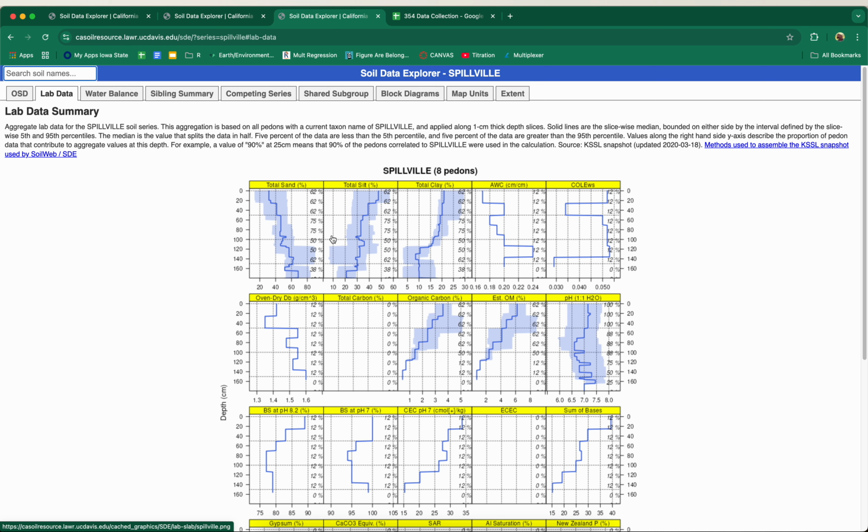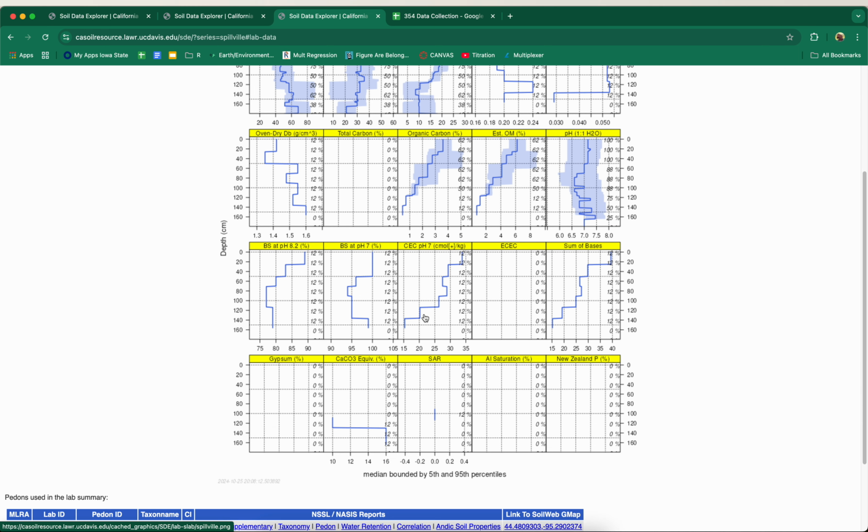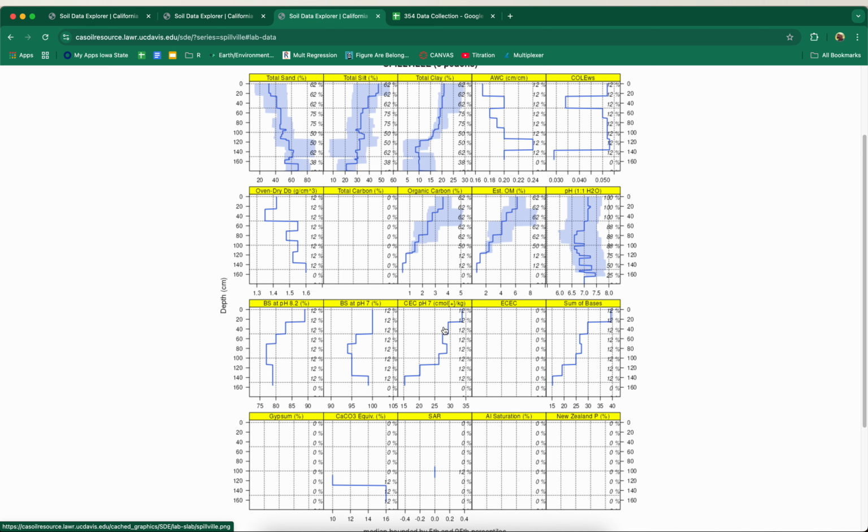So we've got higher organic carbon and organic matter. We're well up into the 5-6 range. Higher pH, we're pretty balanced at about 7, hopefully. And then CECs. Now we've only got, I'm guessing it's 12%, so that's probably one of the 8, right? So we've got somewhere in the ballpark of anywhere from 15 to 35, depending on how deep.